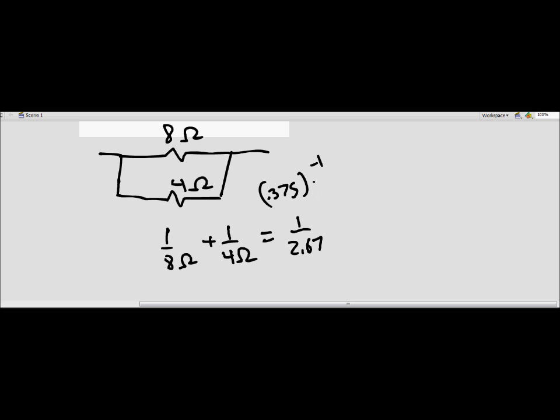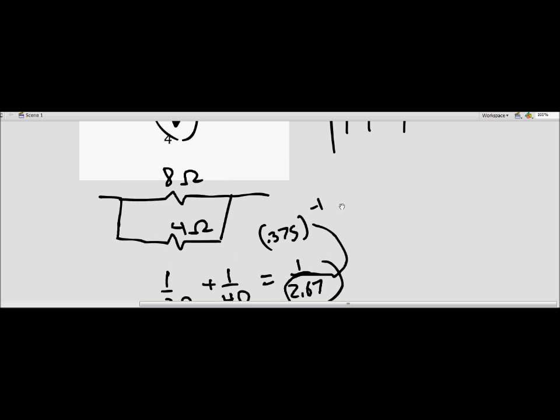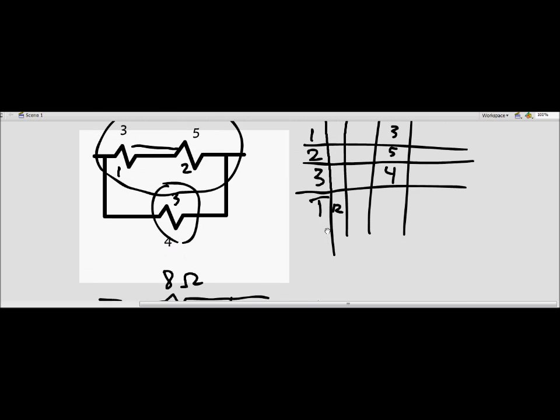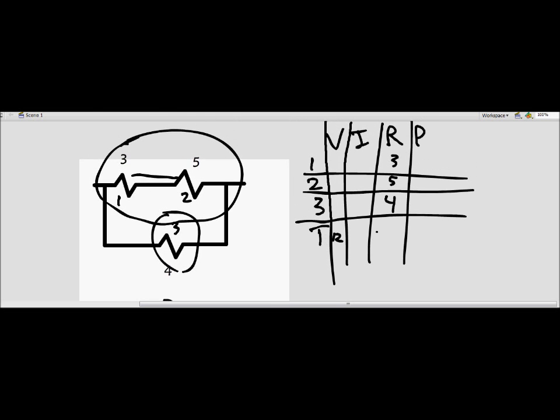And so with that, we know that the total resistance of this circuit is 2.67 ohms now.